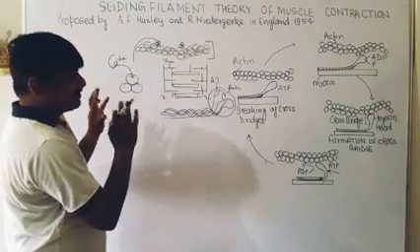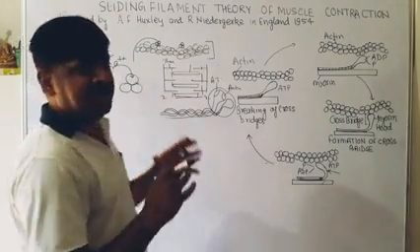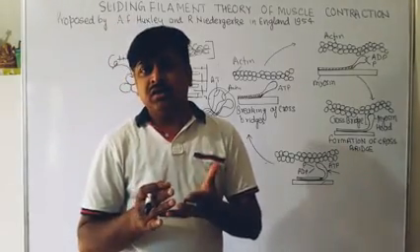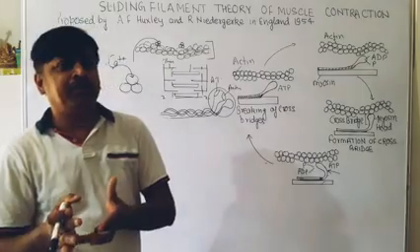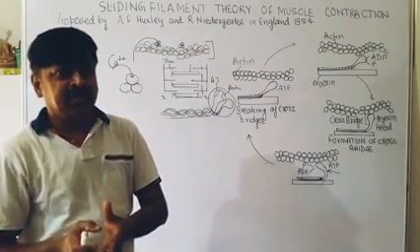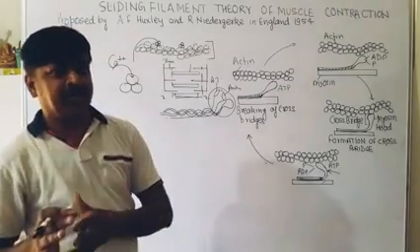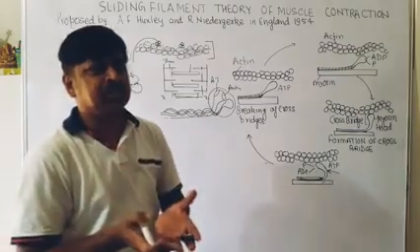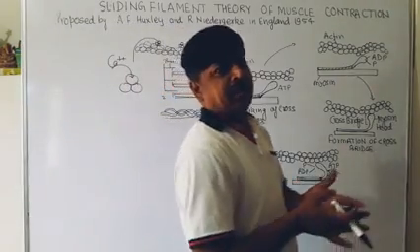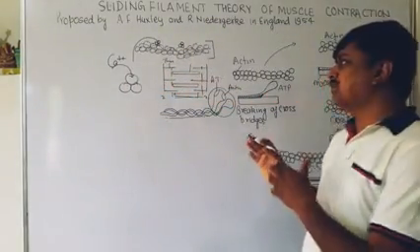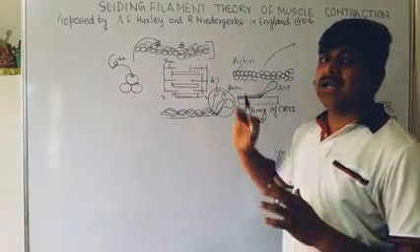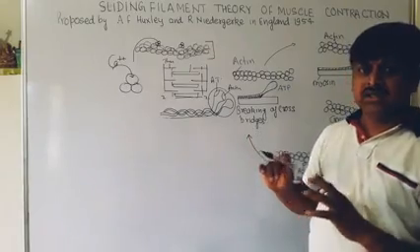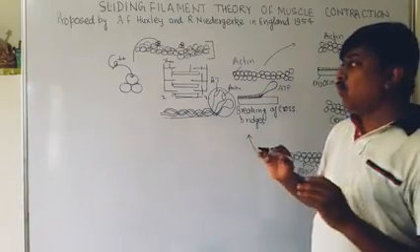So this happens because of what? This happens because of the activation by calcium ions, clear. Calcium ions are released, they get attached to the troponin, and the troponin helps in unmasking the actin binding site, clear student.